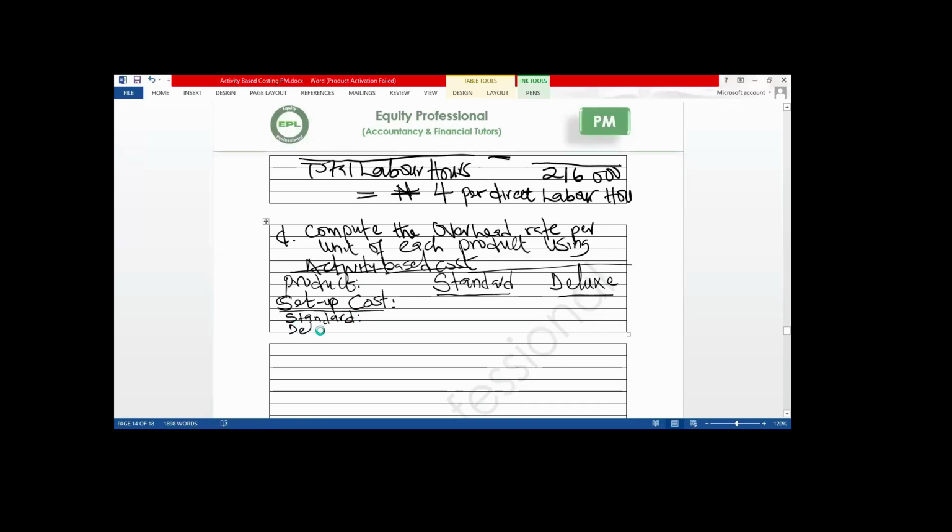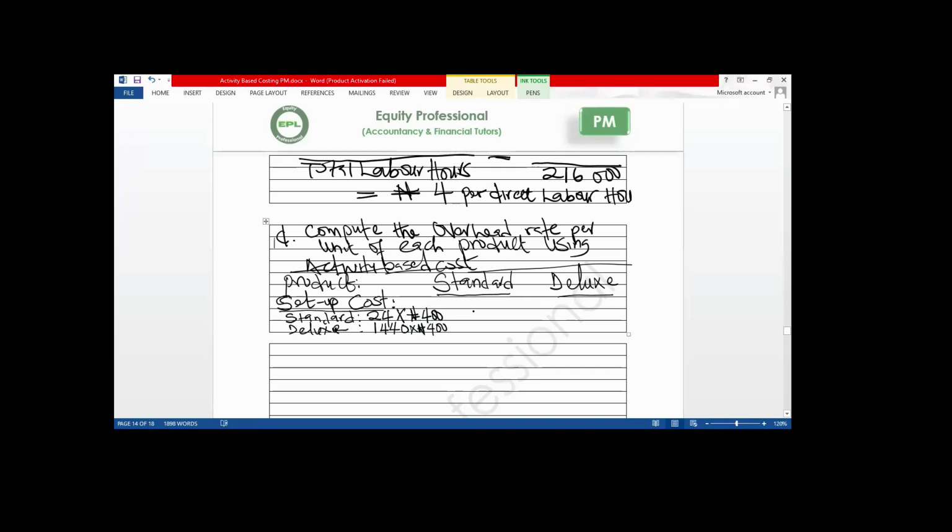We have 24 setups here. For dealers, we have 1,440 setups here. And the cost driver rate is 400 naira per setup. Multiplied by 400 naira.